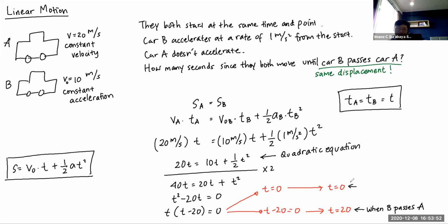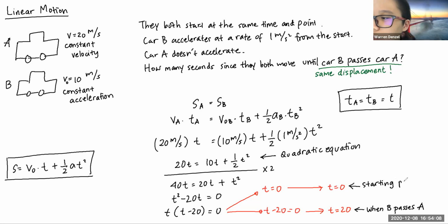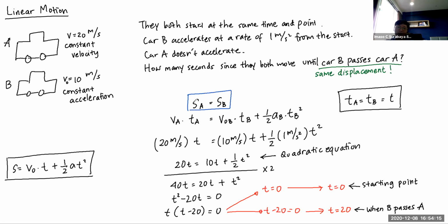Okay, what about the first one? In no time at all, B is already next to A. So right now, B is next to A anyway. This is the starting point, because we start from this equation. What does this equation mean?